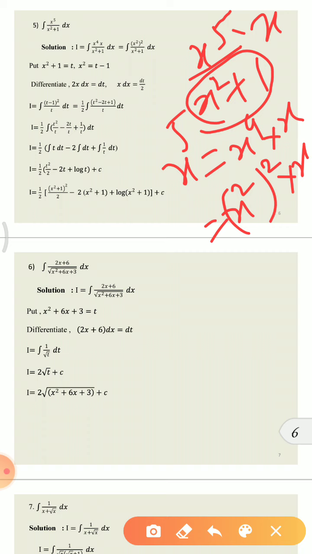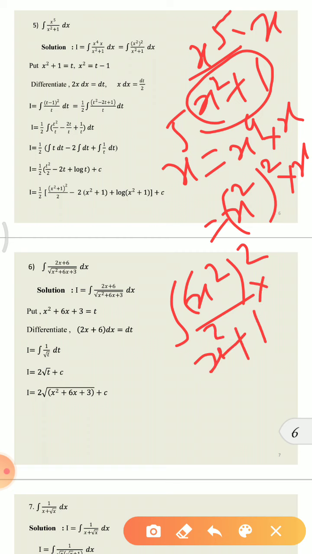Integration of x raised to 5 is x raised to 4 into x upon x square plus 1 dx, which is equal to the integration of x square the whole square upon x square plus 1, into x dx.